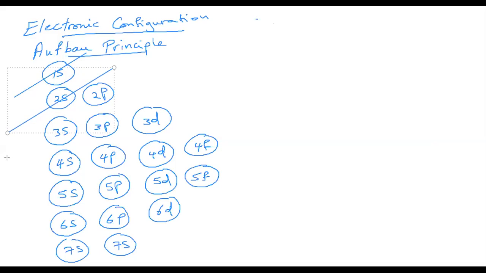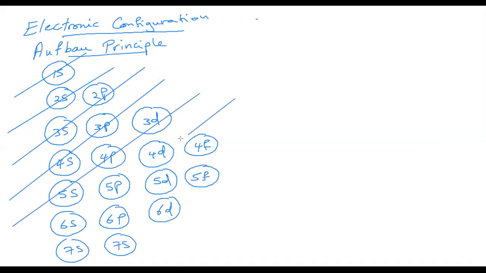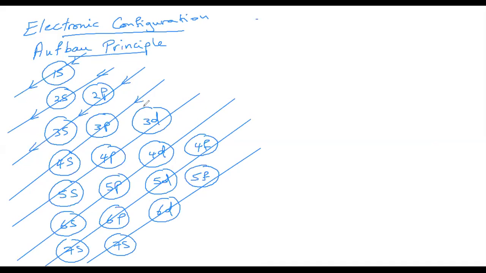Now, if we draw lines like this, we have 1s, 2s, 2p, 3s, then 3p, 4s, then 3d, 4p, 5s. We have 4d, 5p, 6s. We have 4f, 5d, and so on. On filling electrons, we usually start with the 1s, then go up to fill the 2s, then the 2p, 3s, and then the 3p.